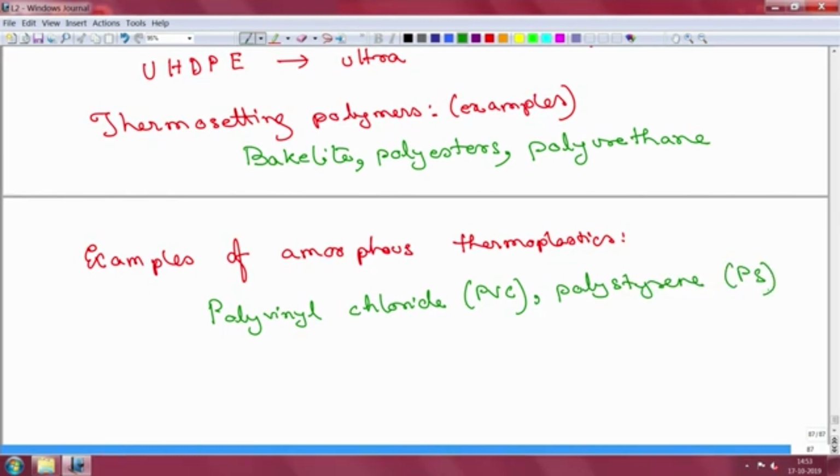So, polystyrene is something you might have encountered quite a bit. Polymethacrylate, PMMA, and polycarbonate.